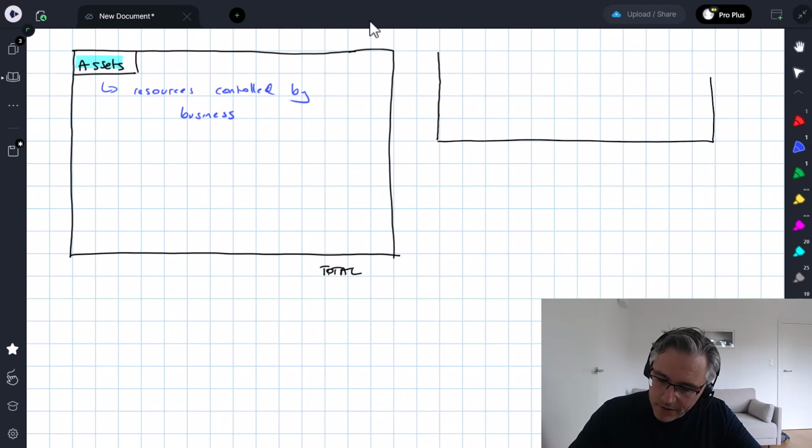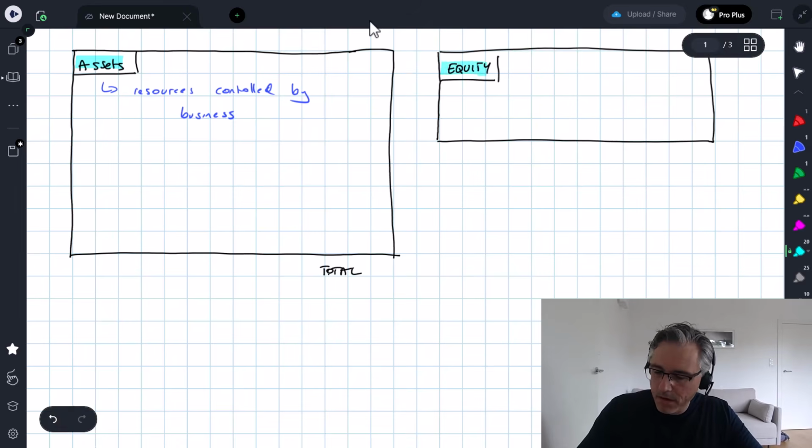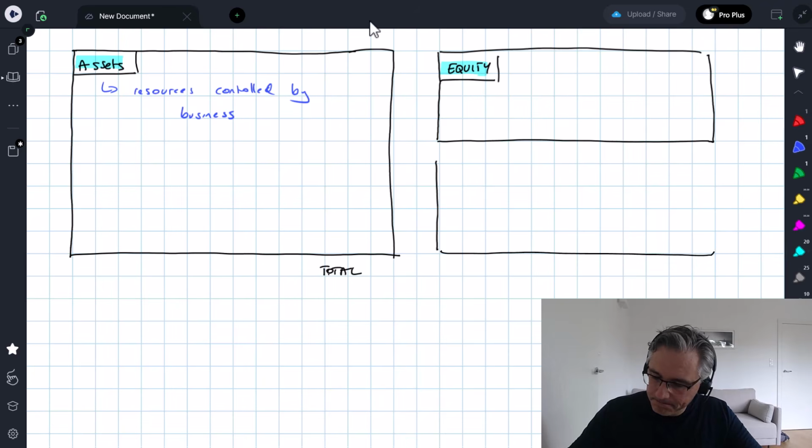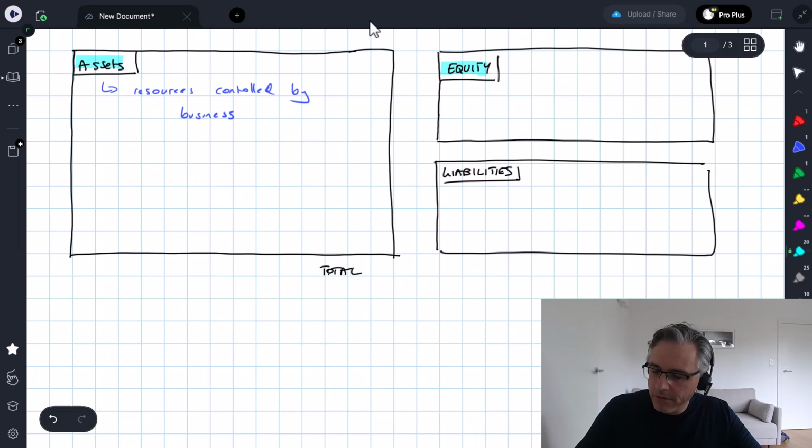One of those blocks will be called equity, and the second one is what we describe as liabilities. And these 3 are the big components of any balance sheet.